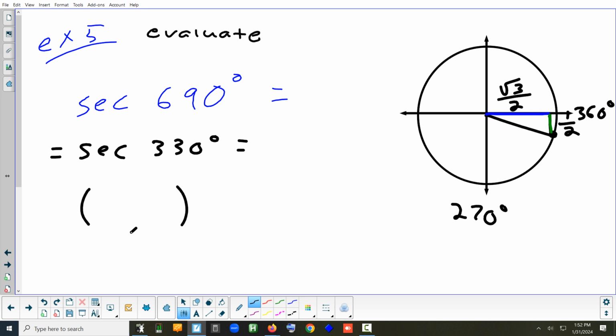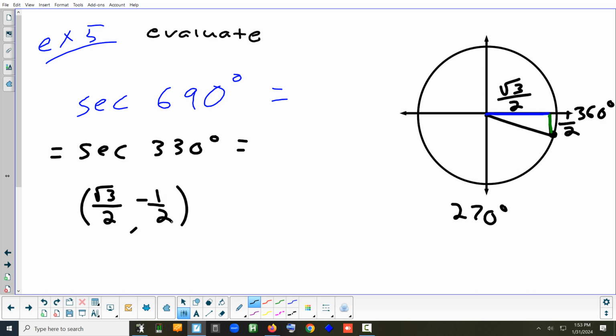Same thing. Square root of 3 over 2. And what was the second number? Negative 1/2. 1/2 would be 30, but that negative makes a pretty big difference. It's 330.